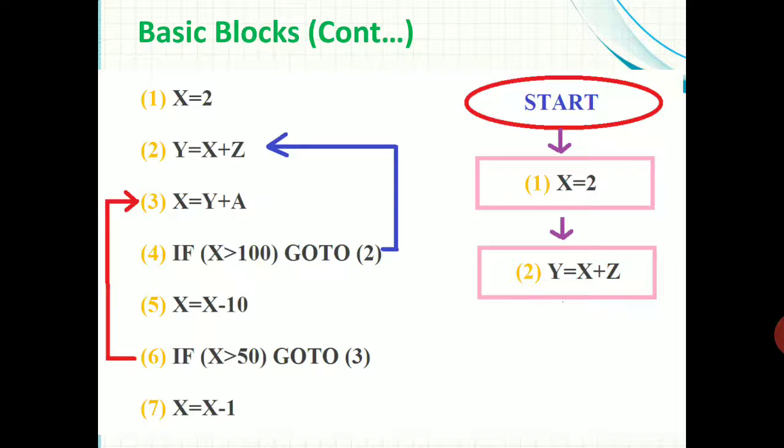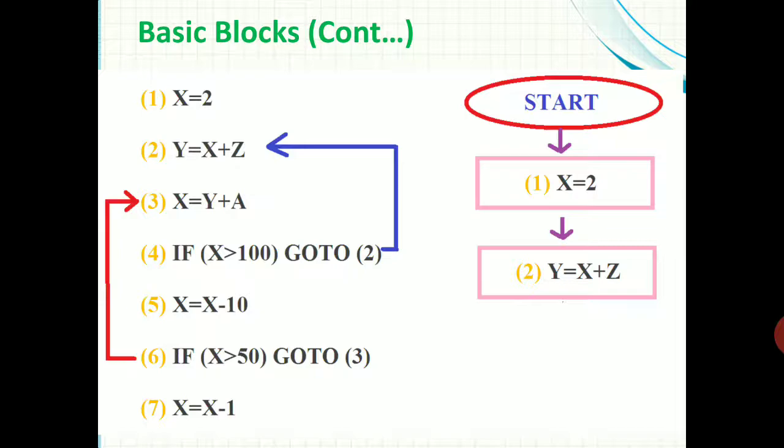Then we come to the fifth statement. We cannot combine the fifth and fourth statements into one group, because after executing the fourth statement, the control of the program goes to the second statement. So it contains an exit from that loop.